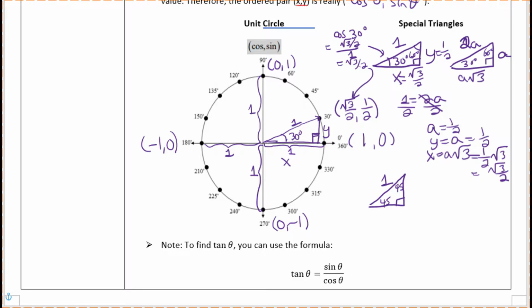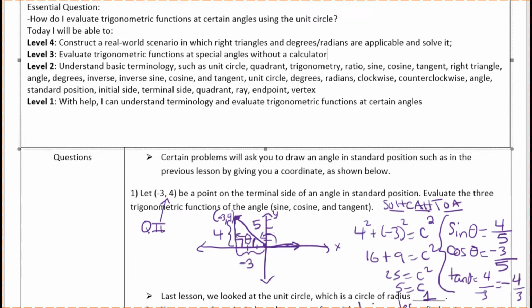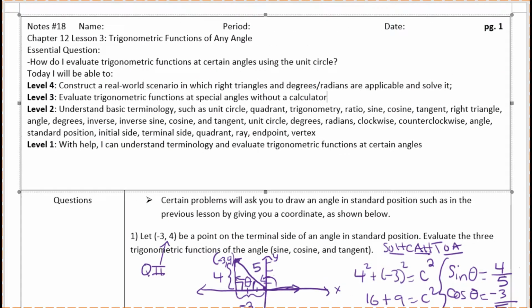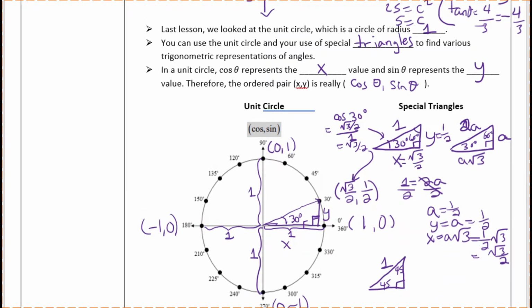So if you were to draw that triangle here, you get a radius of 1, and that's your new right triangle for that. And I'll do it in another color.